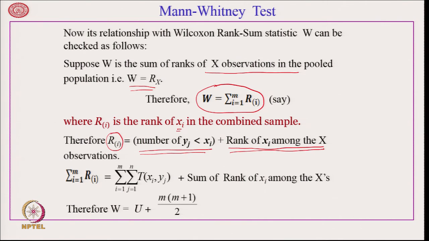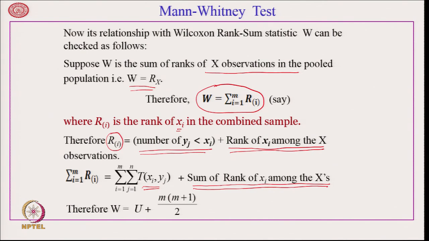x values. Therefore, the sum of R_i is equal to the summation over i equal to 1 to m, j equal to 1 to n, of T(x_i, y_j), plus the sum of ranks of x_i among the x's.